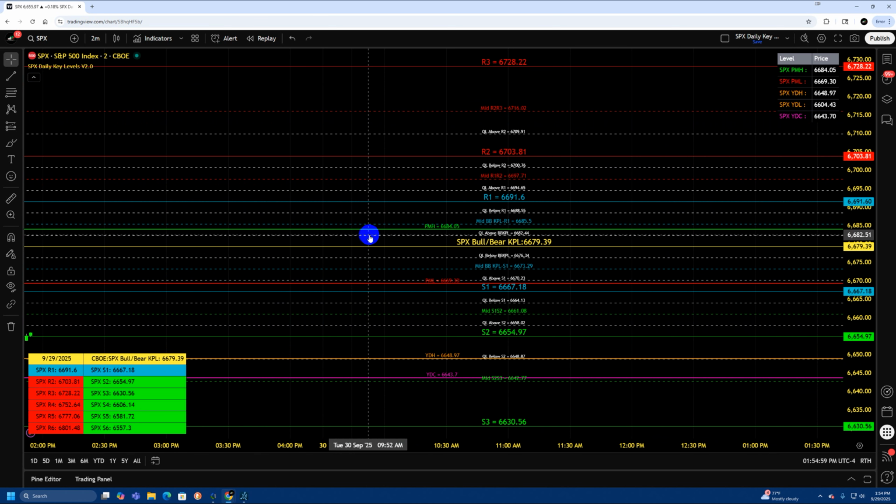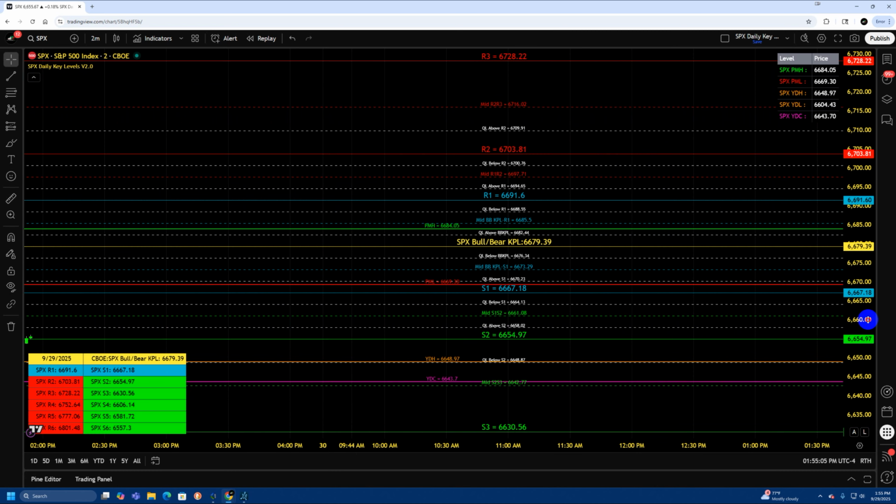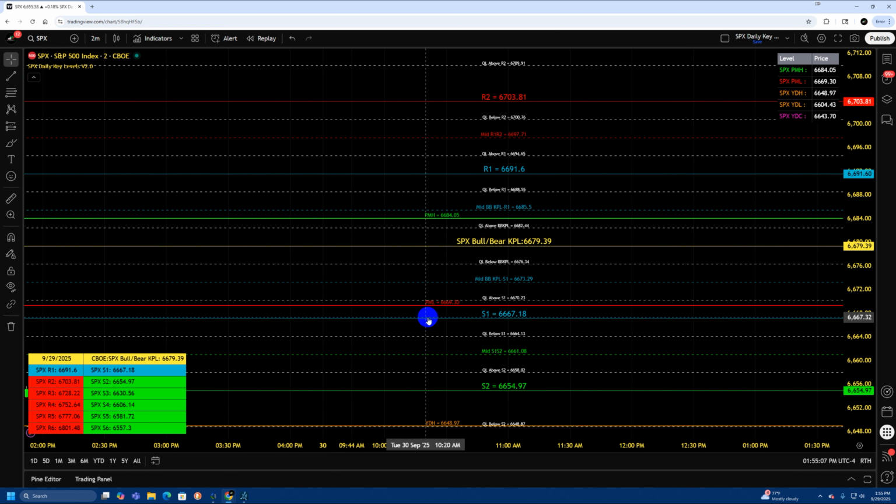So for example, if price is coming down to S1 and bouncing off of S1, and you want to take a bullish trade off of S1, then your tight stop loss on a bullish trade is the first QL below S1, because S1 is the level that you're taking the trade off of. And the standard stop loss would be the first midpoint below S1, which would be mid S1 S2.